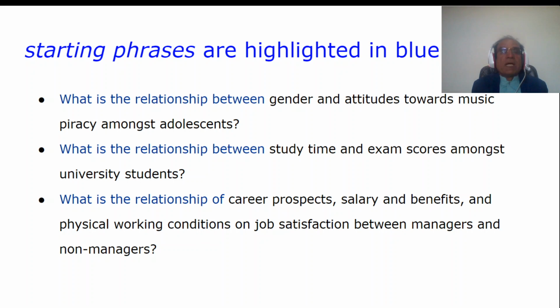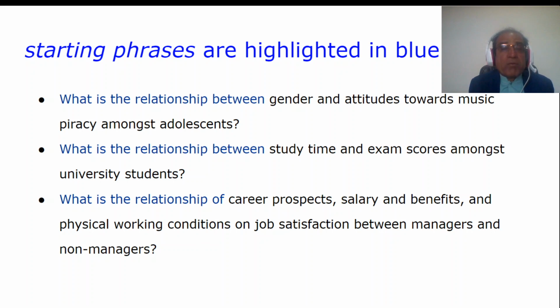The example of the research question: what is the relationship between gender and attitude toward music piracy amongst adolescents? So here, "what is the relationship between" is the phrase. What is the relationship between study time and exam score among US university students? Here "what is the relationship" is the highlighted phrase.